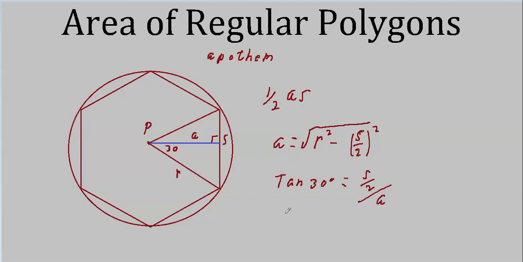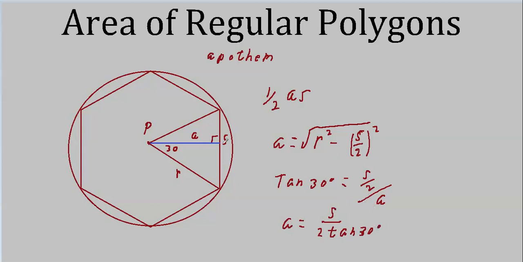Or, in the end, we could write a equals s over 2 times tangent of 30 degrees. We just divide through by the tangent, multiply through by a, and with a little arithmetic, it all turns out to be s over 2 times the tangent of 30 degrees.